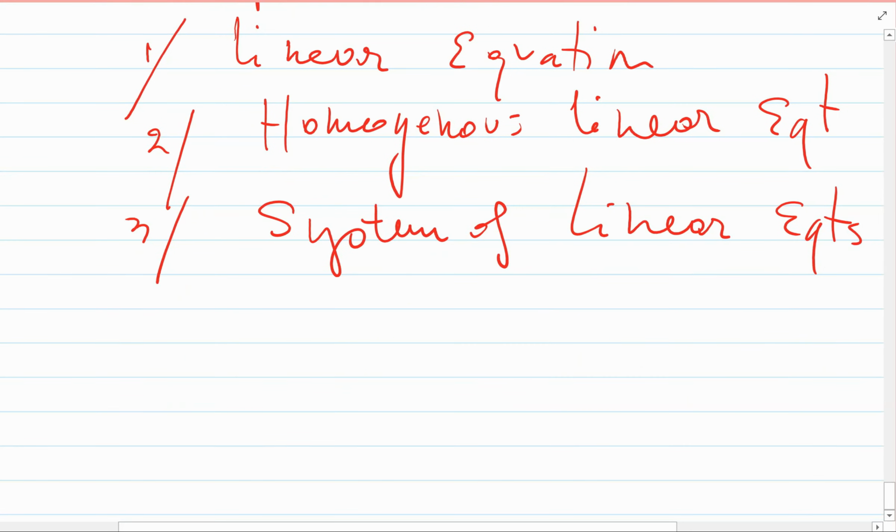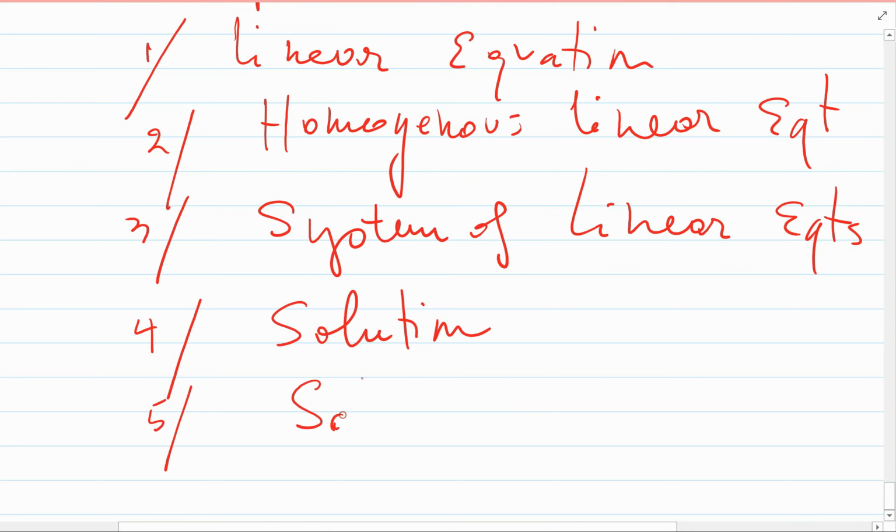Okay, so it's more than one. Number four, what is a solution to a system? Number five, what is solving a system, which means that you want to make the unknowns known.